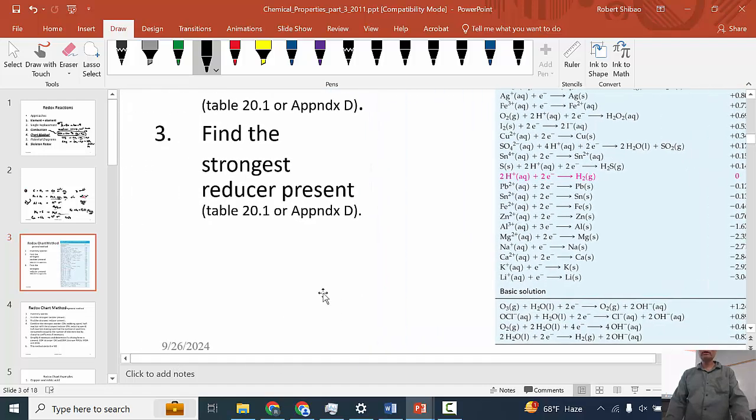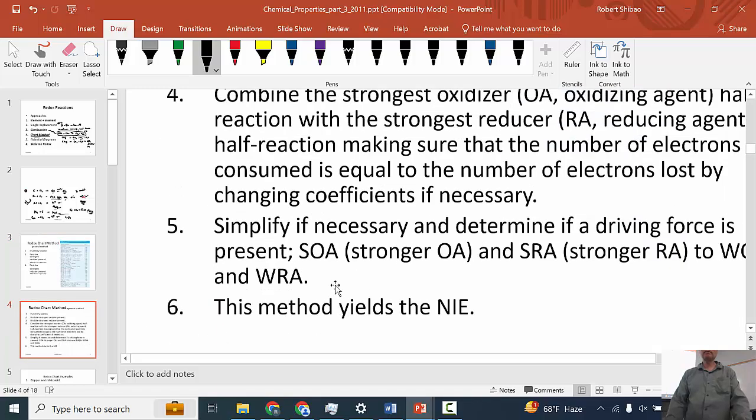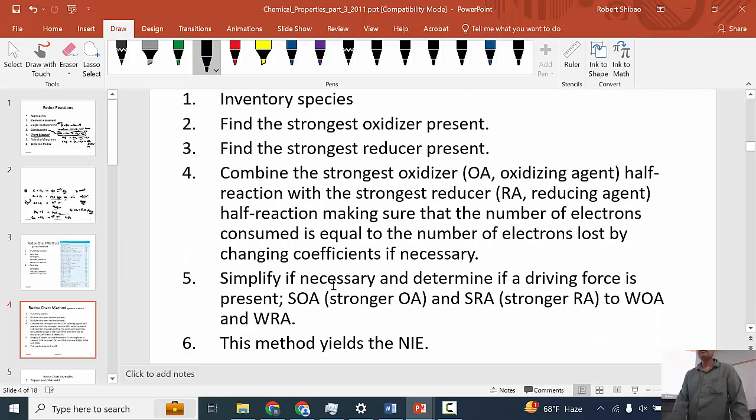So all we do is we inventory and see if any of those species occur on the chart here, and then rank them. Then what we do is we combine the strongest oxidizer half reaction, the reactions written there are half reactions, with the strongest reducer, making sure that the number of electrons cancel, and we also have to flip one of those.